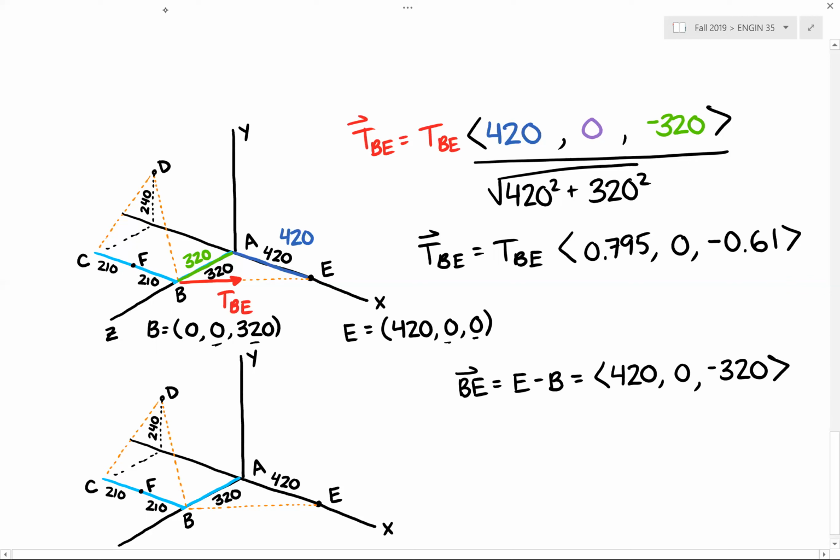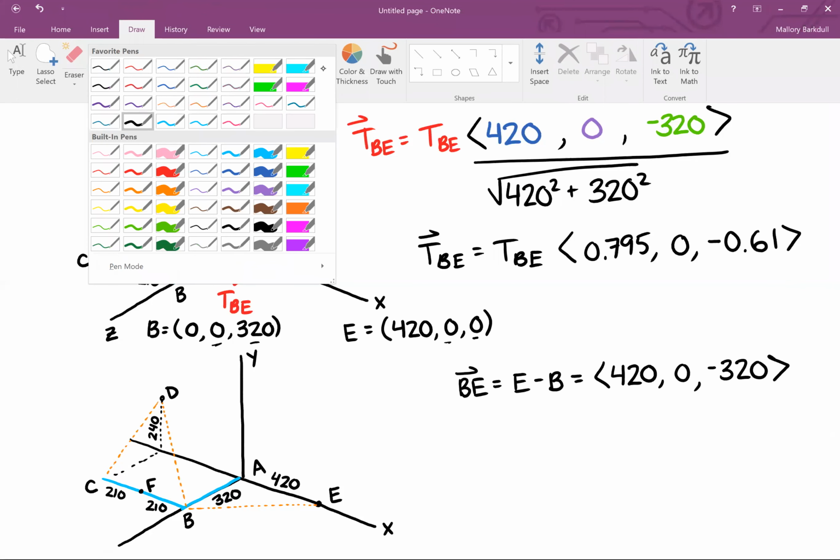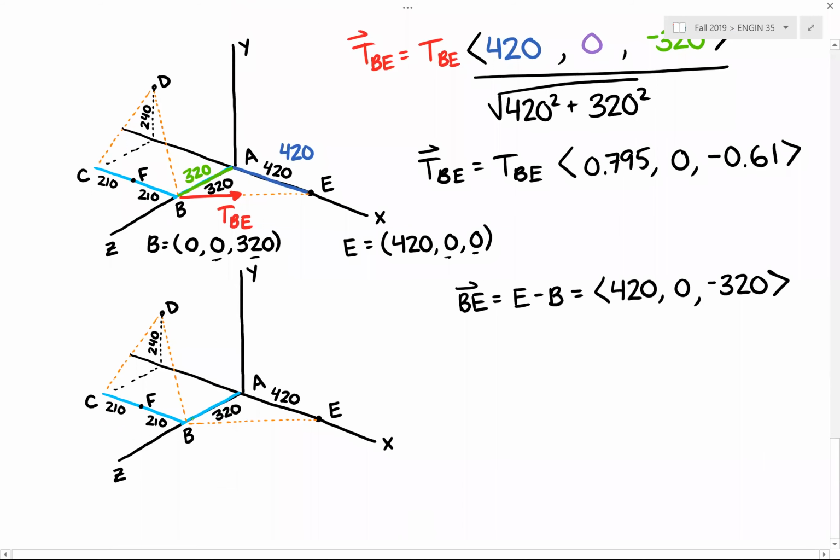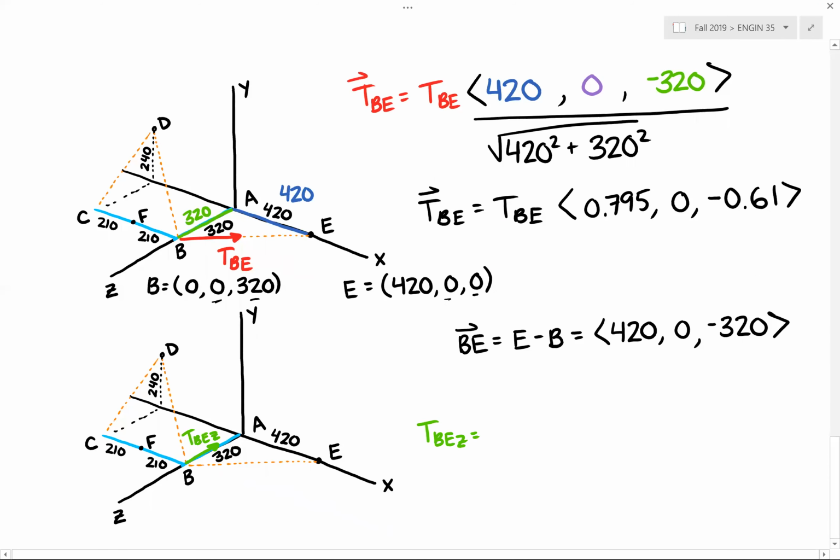Just like we've done in the examples above, we can now break that vector TBE into its two different components. So we have TBE Z. TBE Z is equal to minus 0.61 times the magnitude of TBE.